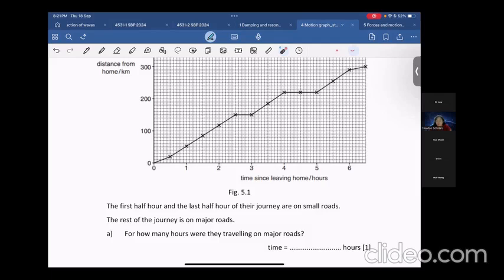If you get the answer, then let me know. Correct, Shuan, correct. How about others?